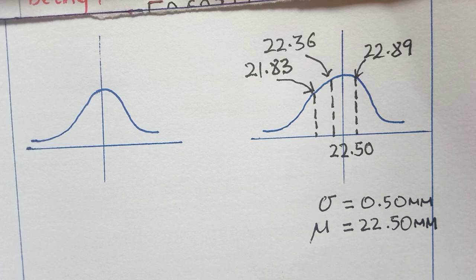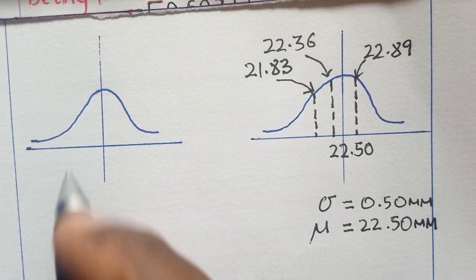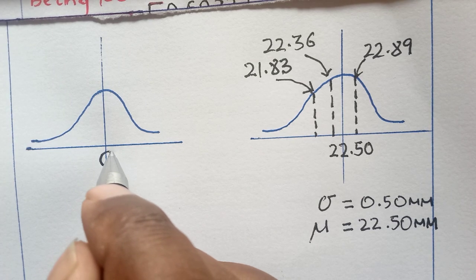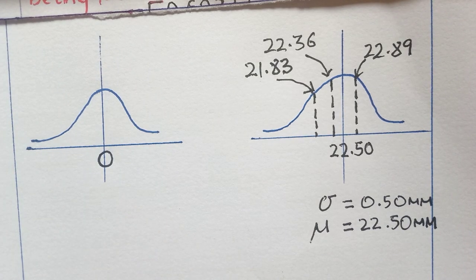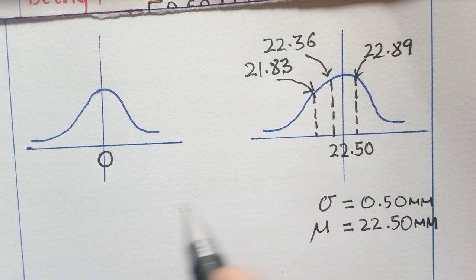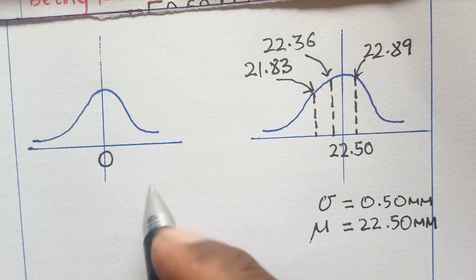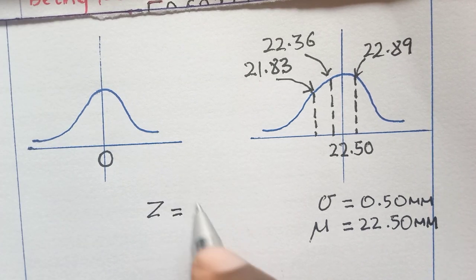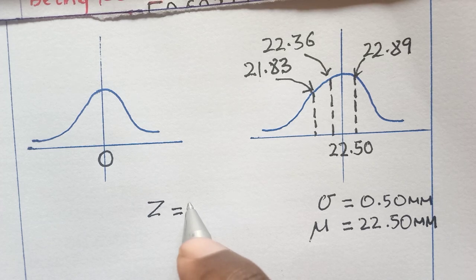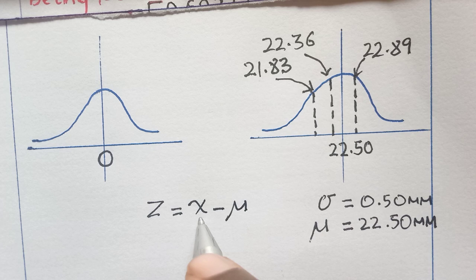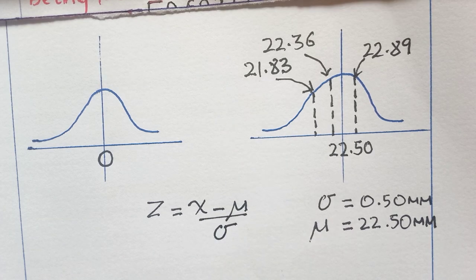So now we come to this standardized form, whereby at the center we have 0. In other words, the mean is supposed to be 0 for the standardized form. And so we use our equation: Z equals X minus mu, all over the standard deviation.